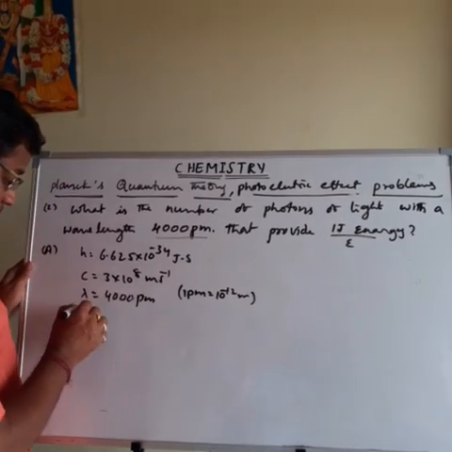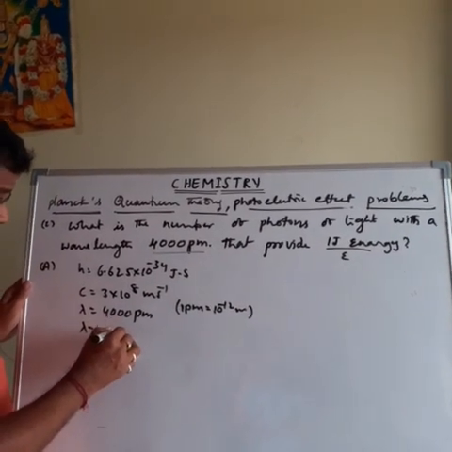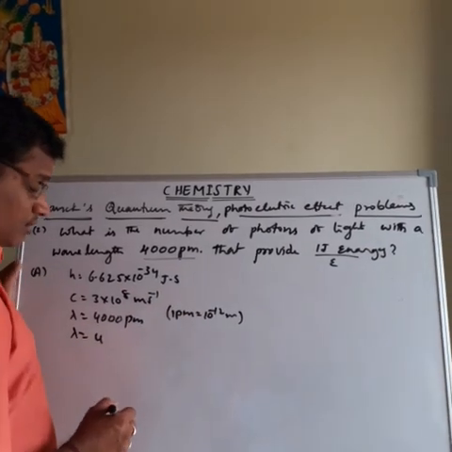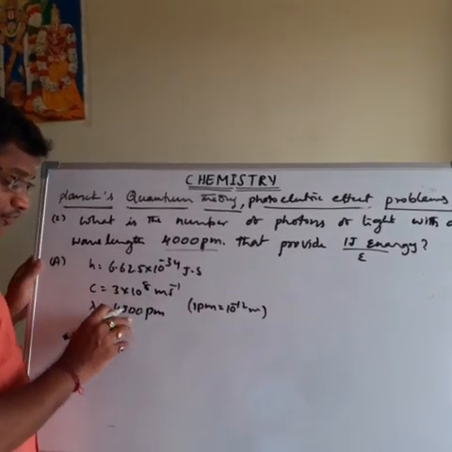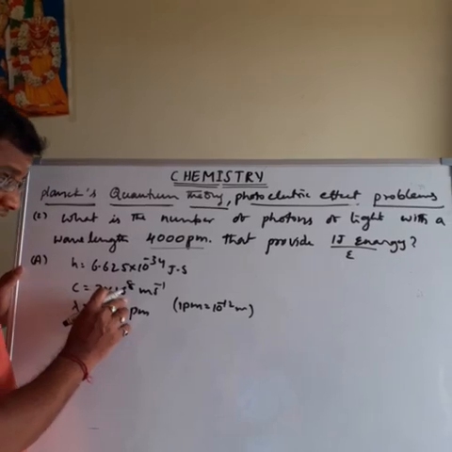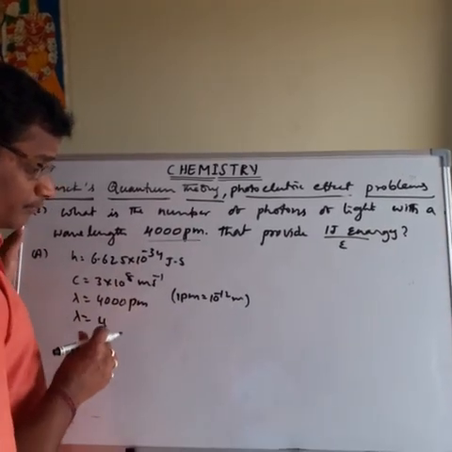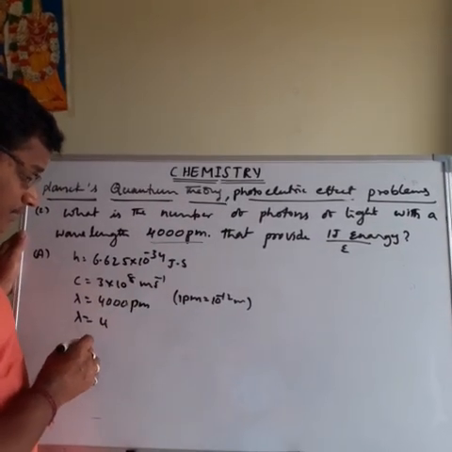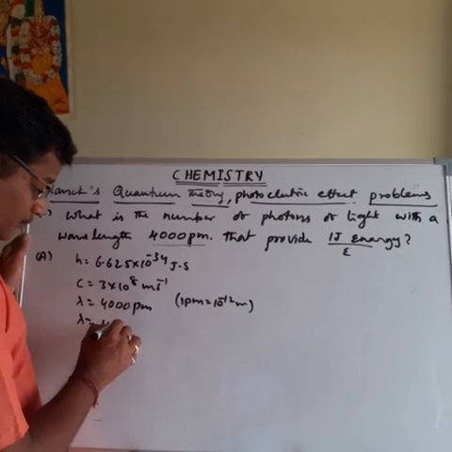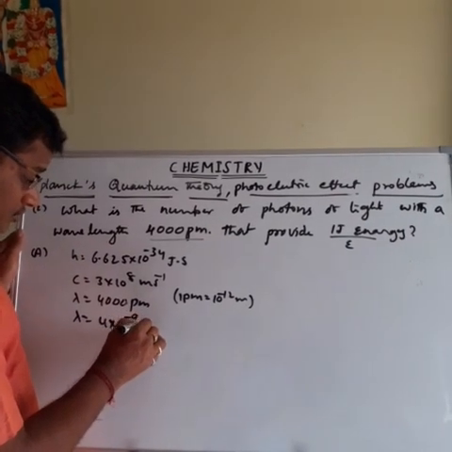Therefore lambda is equal to 4000 into 10 power minus 12. 4000 we can write as 4 into 10 power 3, and 10 power 3 times 10 power minus 12 gives 10 power minus 9. So therefore lambda is 4 into 10 power minus 9 meter.